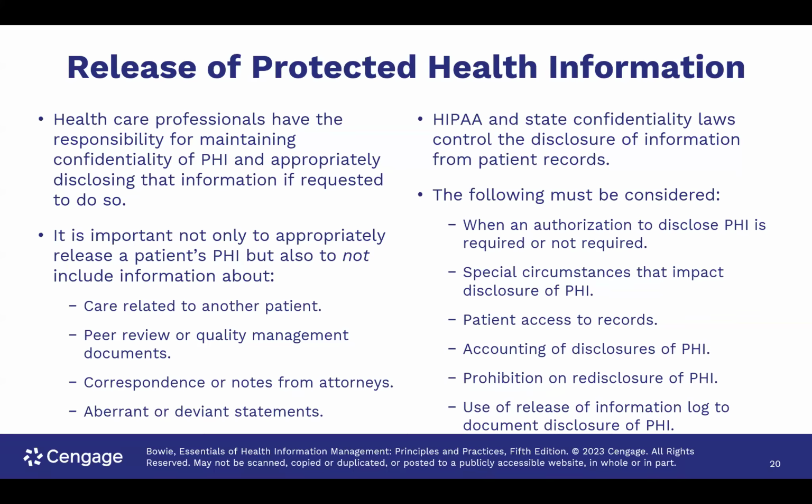It's important not only to appropriately release the patient's information, but also not to include information about another patient, also privileged information like peer review or quality management documents, correspondence or notes from attorneys, any aberrant or deviant statements, and so on. Both HIPAA and the state confidentiality laws control the disclosure of information from patient records.